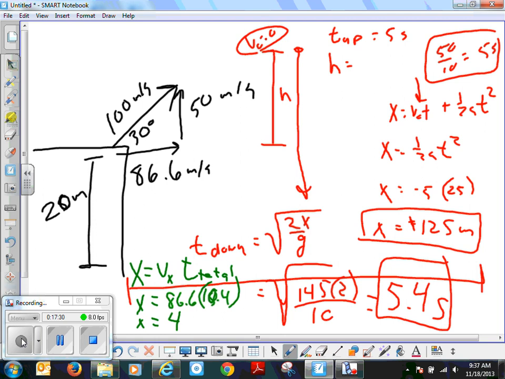So that is going to be equal to 866 times 10.4, which is 9640 meters. Can you do that for the test? Okay, then you're ready.